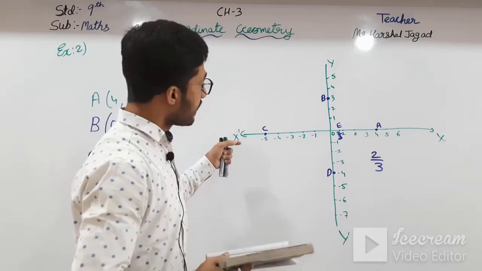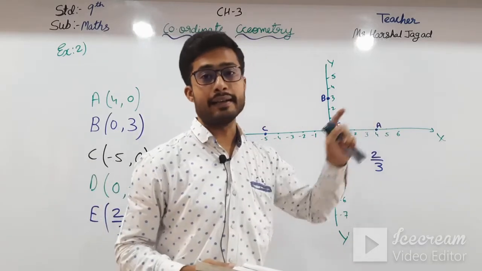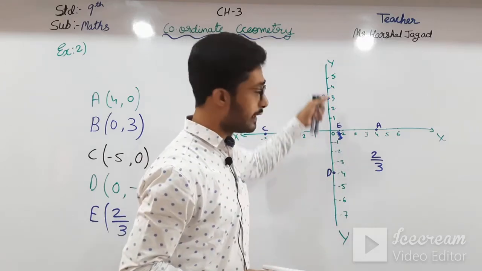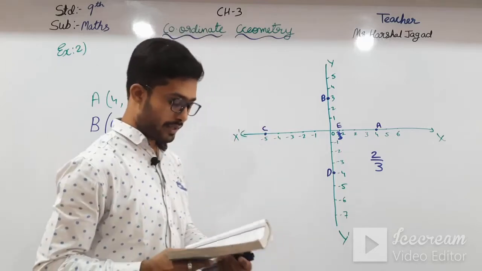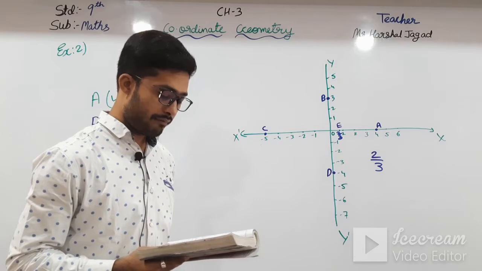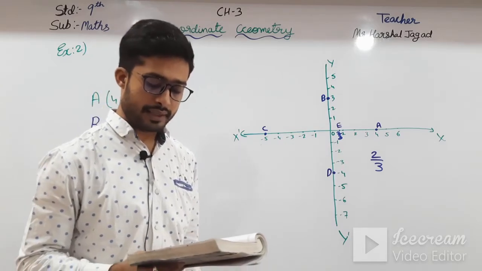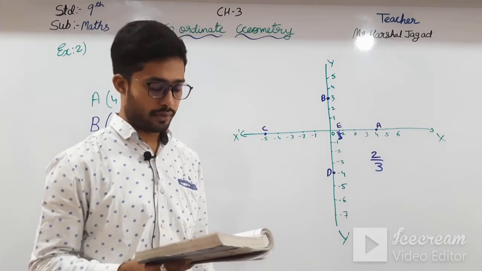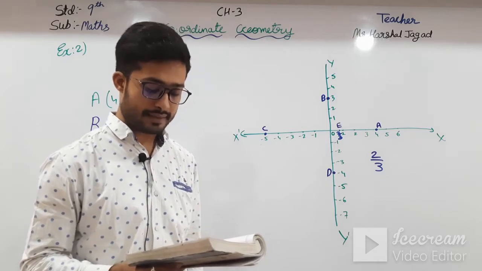We all know, if the point lies on the x axis, then its y coordinate is 0, and if the point lies on the y axis, then its x coordinate is 0. Okay students, where x is the distance of the point from the y axis. Similarly, the coordinates of any point on the y axis are of the form (0, y), where y is the distance of the point from the x axis.